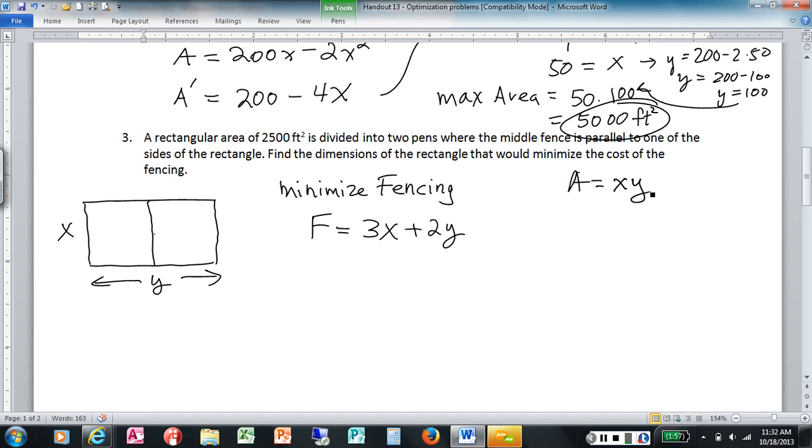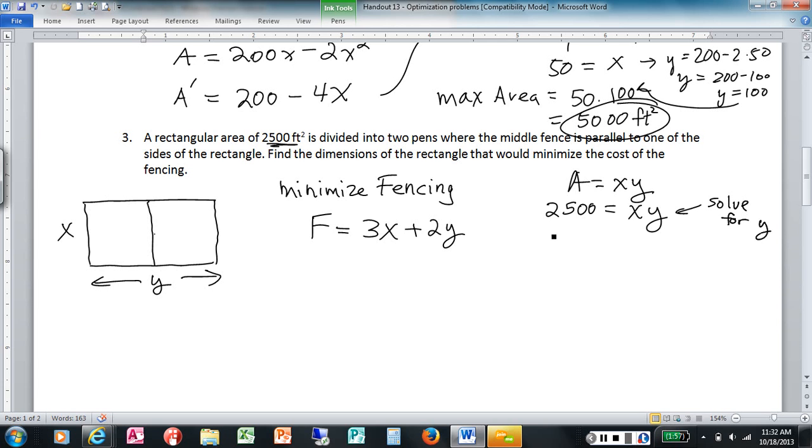I know the area here is 2,500, so I've got 2,500 is x times y. There's a lot of ways you could get x times y to equal 2,500, but what is the purpose of that equation? The purpose of that equation is to get one variable in terms of the other. So let's solve this one for y and plug it in for the y in the other.